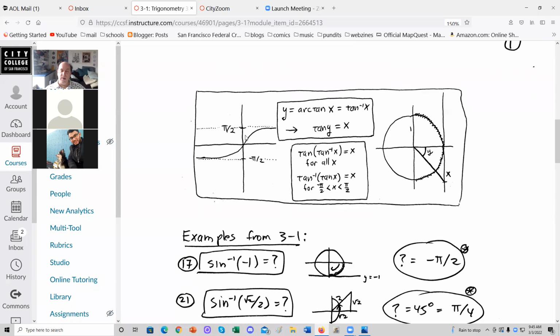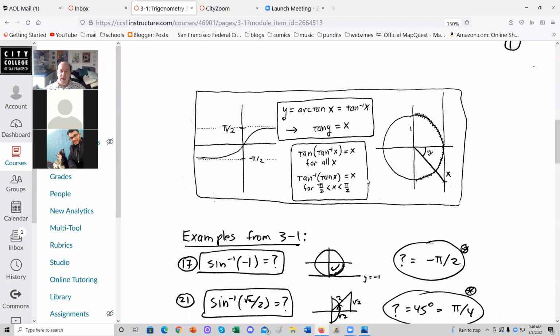So we take a fraction of the tangent graph marching up the y-axis, and we take this branch of it, and here's what it looks like. All right, so tangent of arc tan x equals x for all x, and arctan of tan x equals x if x is between pi halves and minus pi halves radians. Otherwise, arctangent isn't actually defined.